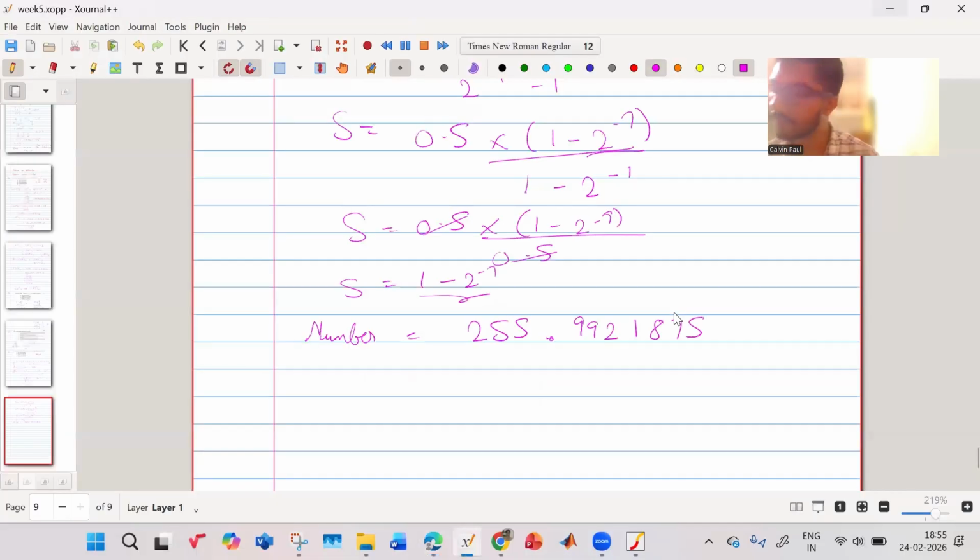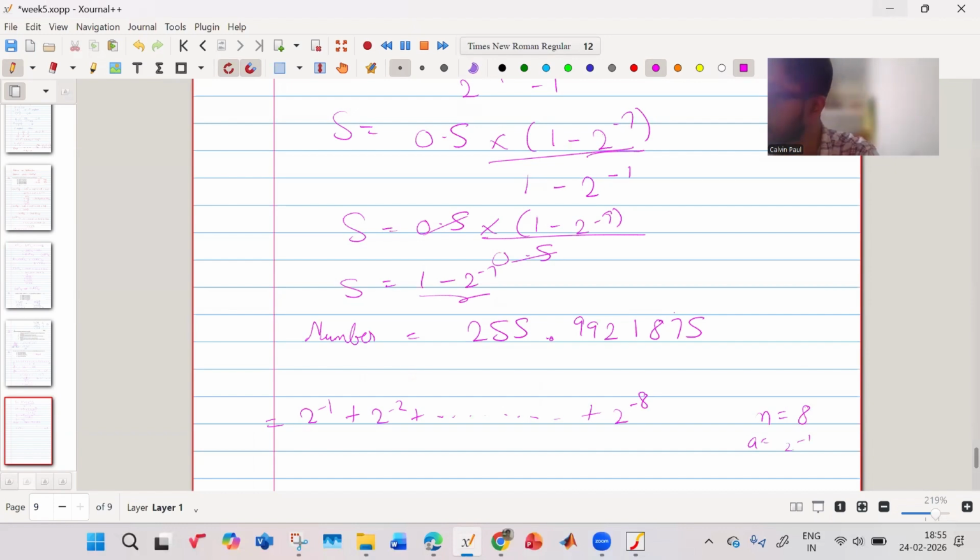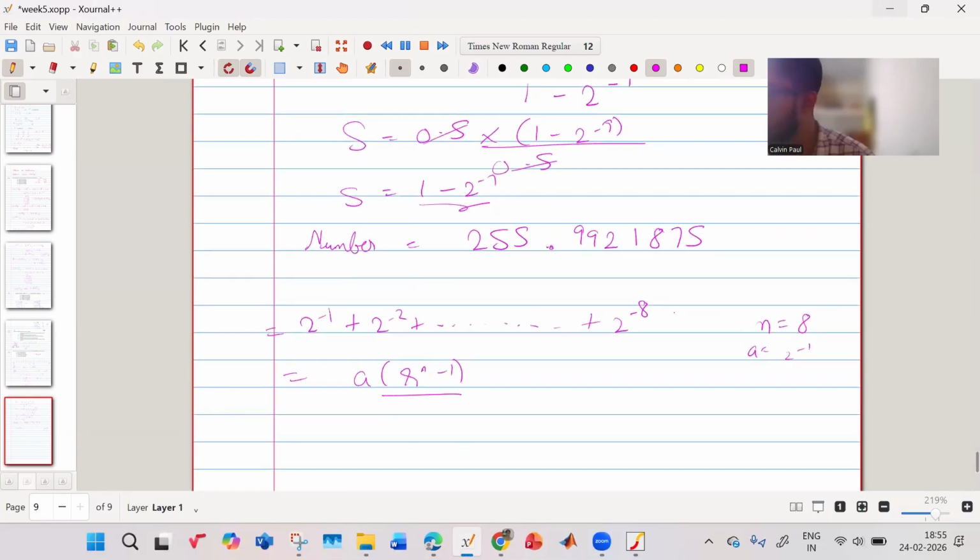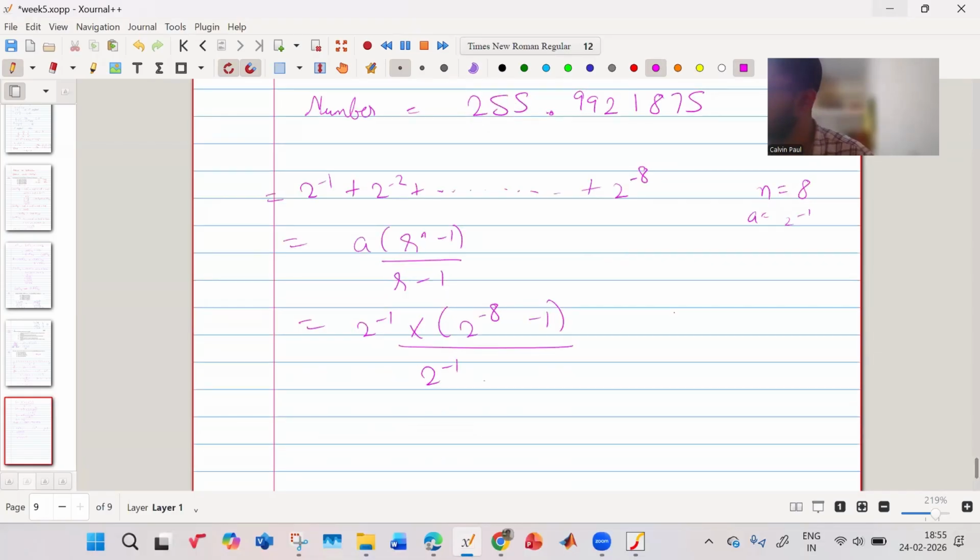Let me just revisit it. So we wanted to find 2 raised to minus 1 plus 2 raised to minus 2 plus dot dot dot plus 2 raised to minus 8, right? Let's say n is 8 actually, and a is 2 to the power minus 1. So the sum is a into r raised to n minus 1 upon r minus 1. It is 2 raised to minus 1 into 2 raised to minus 8 minus 1 upon 2 raised to minus 1 minus 1.